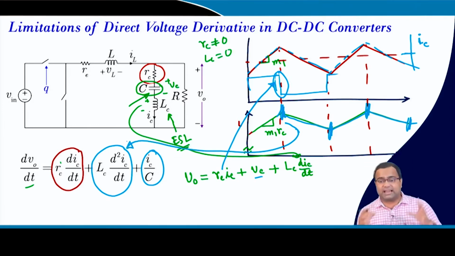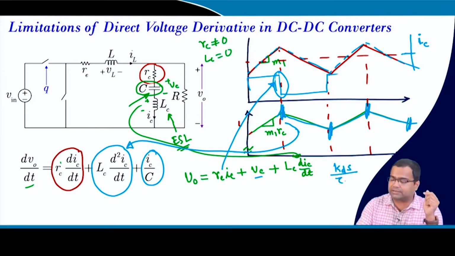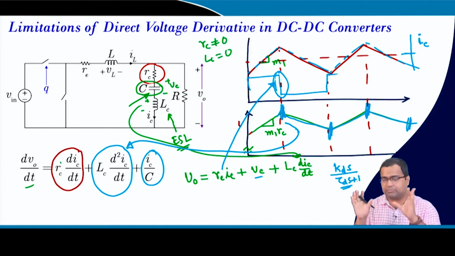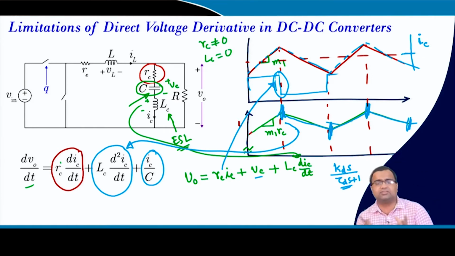If you take a direct derivative, these spikes will go inside your controller and you need to attenuate them, and that is why you talk about a practical PID controller, where we take Kd into s divided by tau d s plus 1. If you take tau d somewhat close, you are trying to attenuate with this filter, and this attenuation also has a penalty, because you are actually not taking a derivative action, you are slowing down.